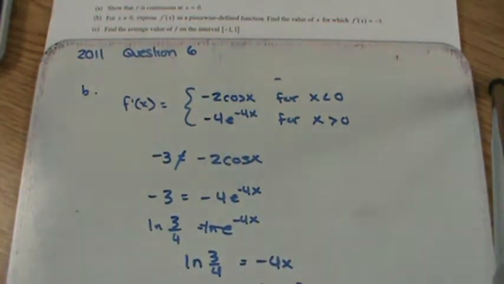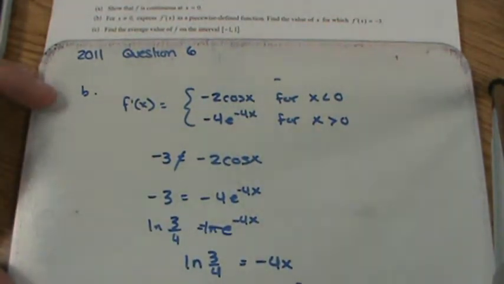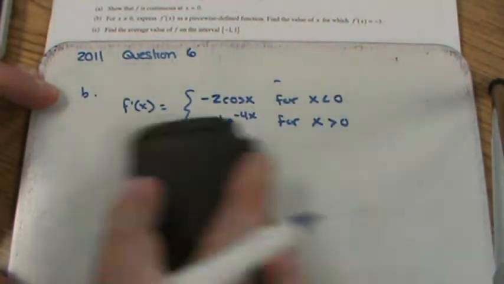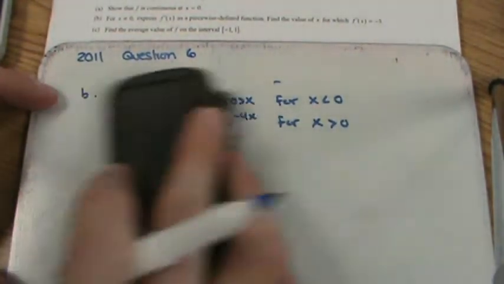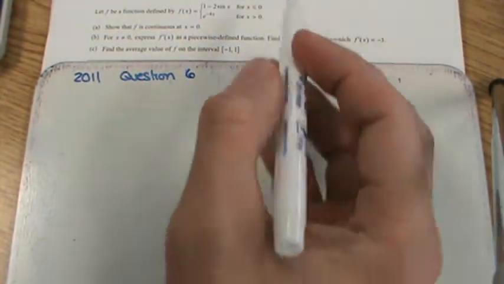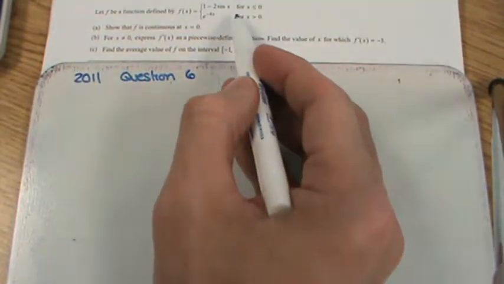And our last part of this problem is find the average value on the interval of negative 1 to 1. All right, well, in order to find that average value, it's an integral over the interval, same thing as we always do. Now the only problem with this is you got two parts, so that means we have to do two different integrals.